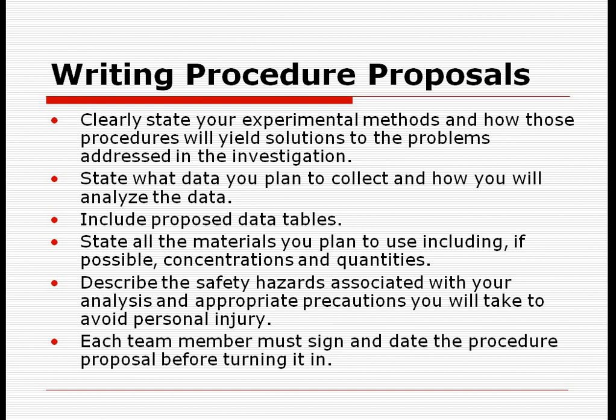Next, state all the materials you plan to use, including, if possible, concentrations and quantities. Describe the safety hazards associated with your analysis and the appropriate precautions you will take to avoid personal injury. Each team member must sign and date the procedure proposal before turning it in.